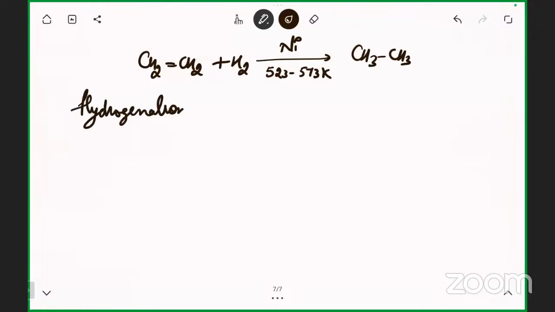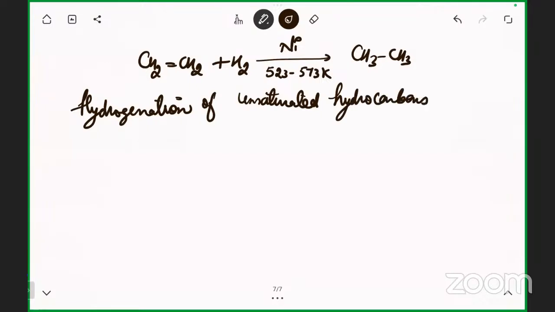So this is called hydrogenation of unsaturated hydrocarbons. Hydrogenation means addition of hydrogen, using ordinary nickel.